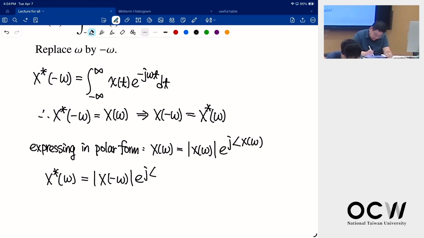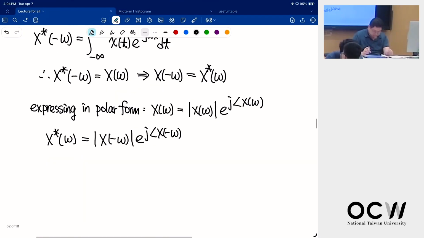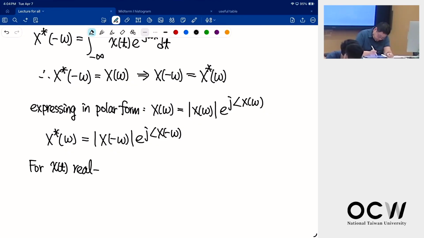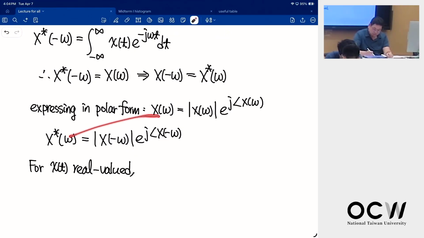We also have X(minus omega). And x is real valued, so for real valued x, they should be the same.